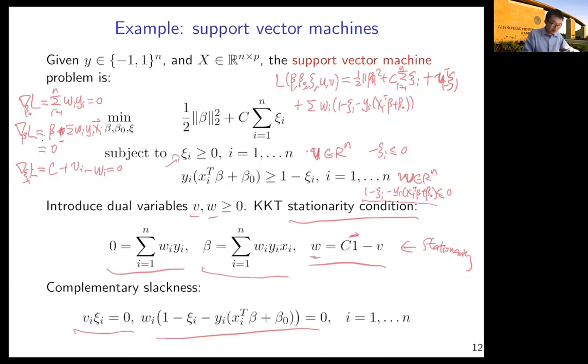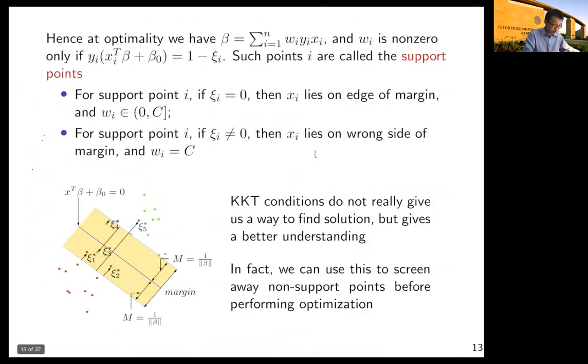And what does it say? I argue that they actually tell us something very meaningful about the optimal solution. Let's take a note. First of all, this condition, that beta is equal to this, allows us to reconstruct the primal optimal solution using just the dual.